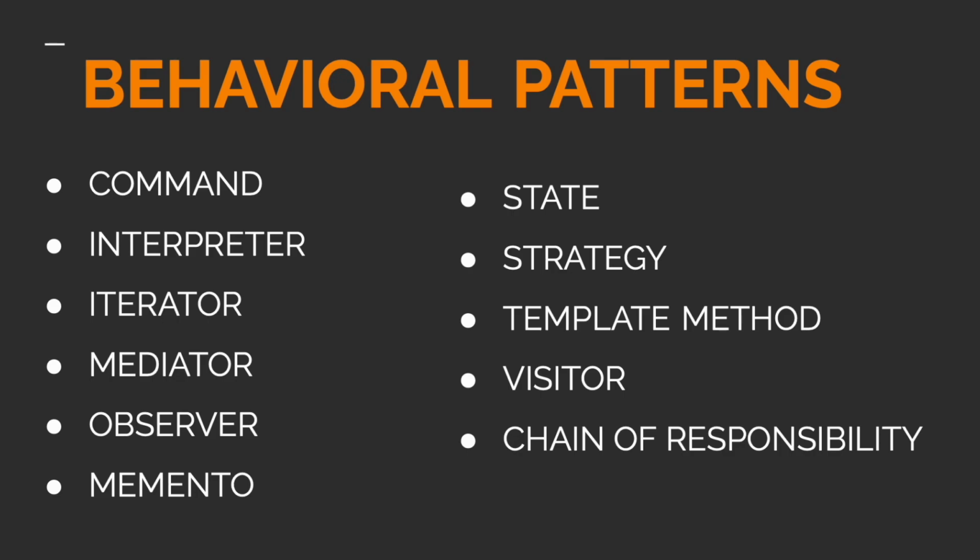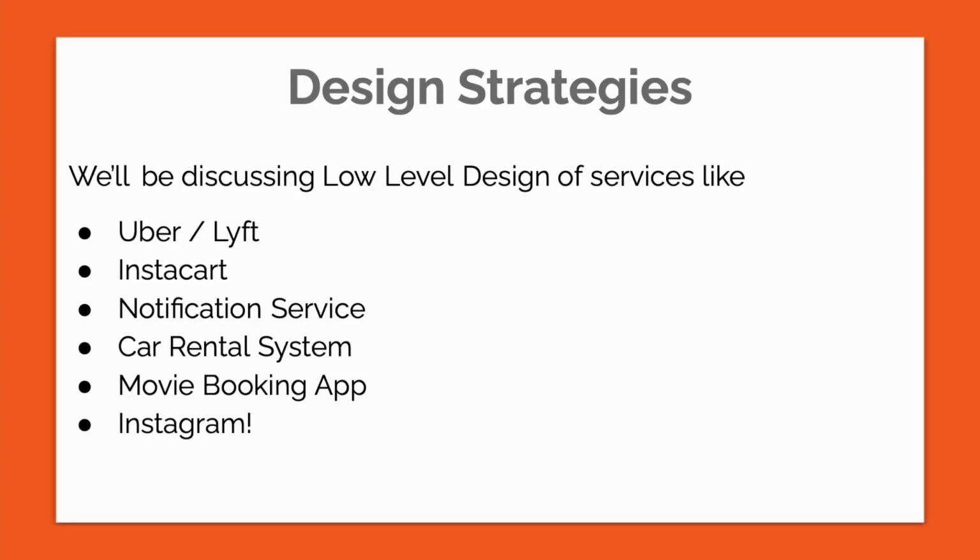For example, if you are trying to sort an array of numbers, you can use a bubble sort strategy, a merge sort strategy, a quick sort strategy, or a bucket sort strategy. That's how the strategy pattern works. Then we have template, command, visitor, chain of responsibility, and a couple of others. So that's the behavioral patterns, and that's how design patterns are categorized.